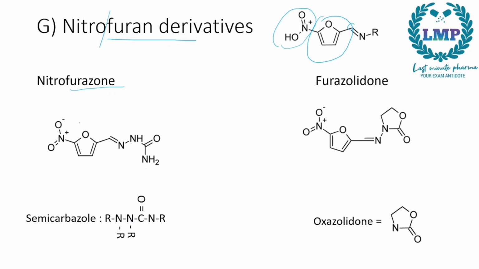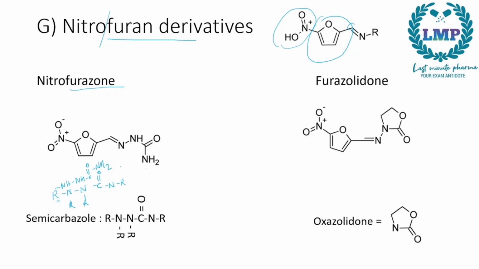Now this is a semicarbazone derivative, that is, semicarbazide would be R N attached to another R, then another N attached to another R, C double bond O, N and R. This is a semicarbazide. So if you look at this last part very carefully, we will put this as NH, NH, C double bond O, NH2 here.